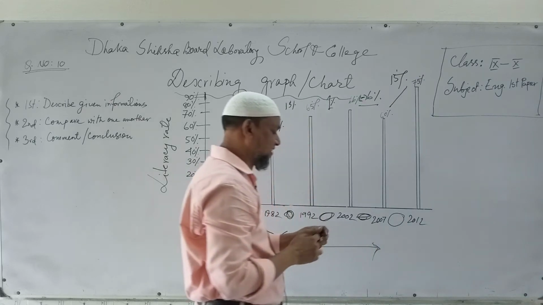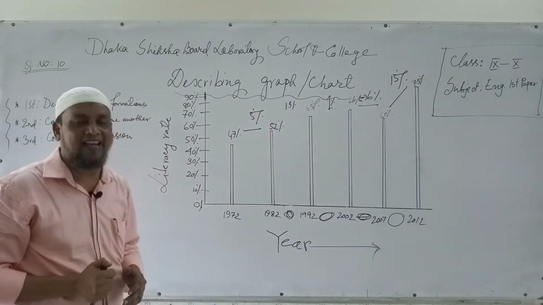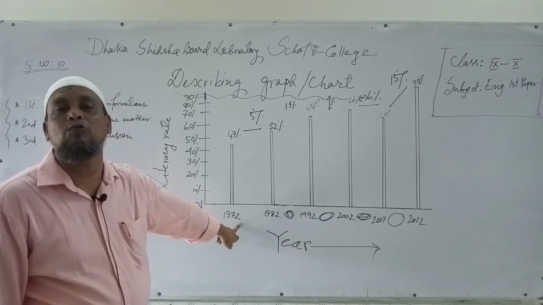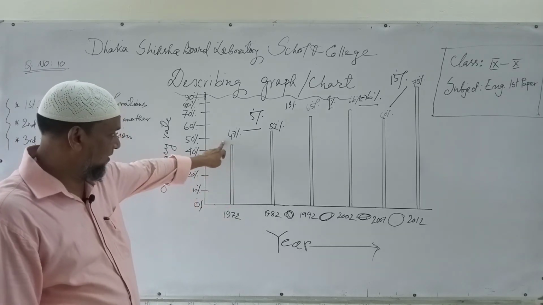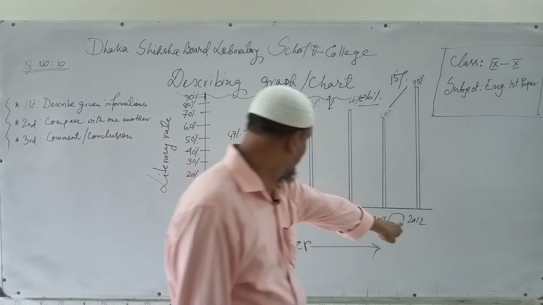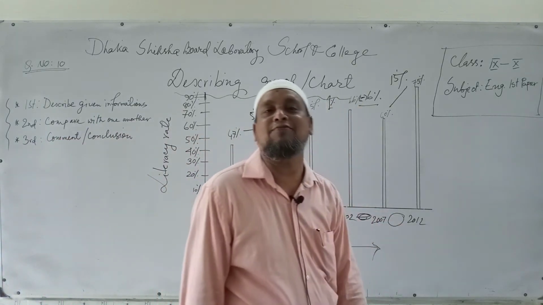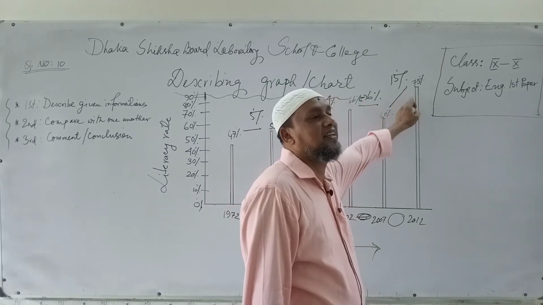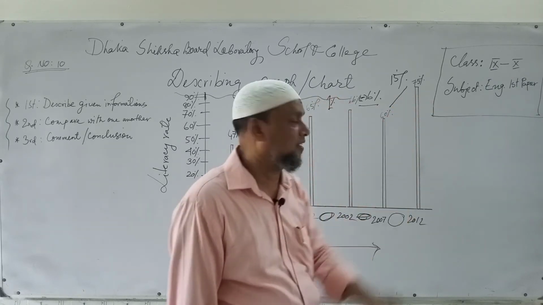So we can say that where in 1972 the rate of literacy was only 47, in 2012, after 40 years, it became 75%, nearly double.